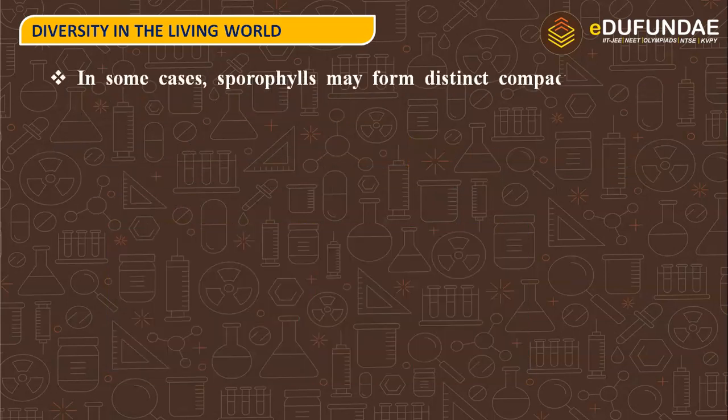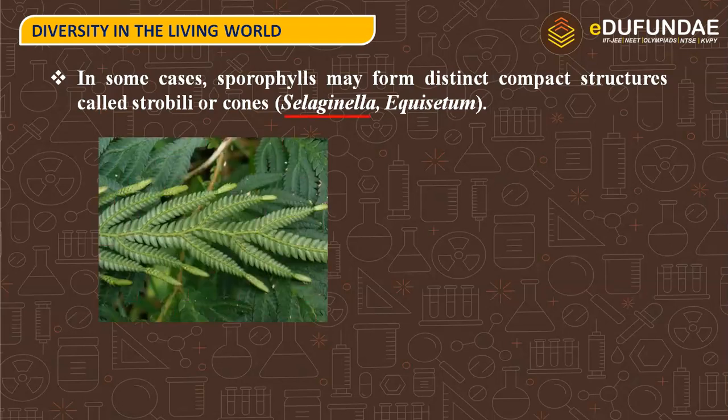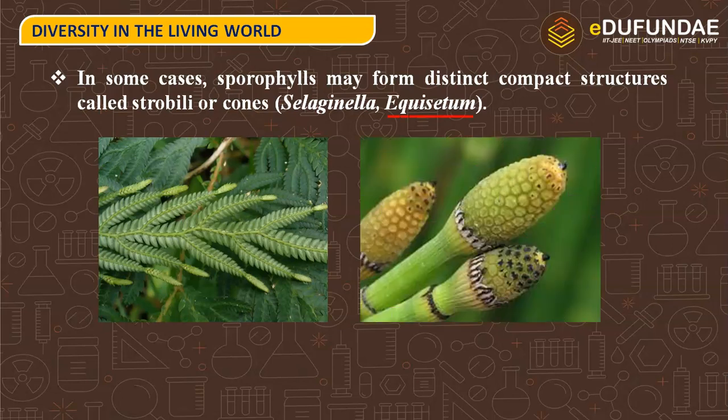In some cases, sporophylls may form distinct compact structures called strobili or cones. That is in the case of Selaginella and Equisetum. Here we can see these structures called strobili, and in general we call them cones.